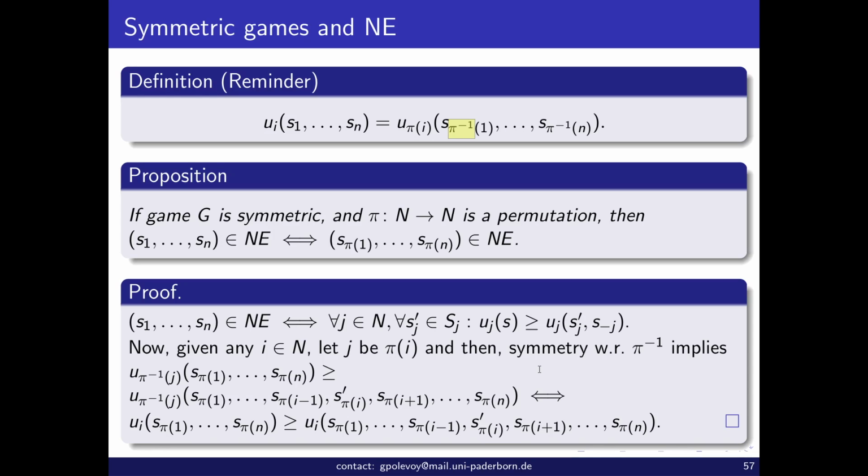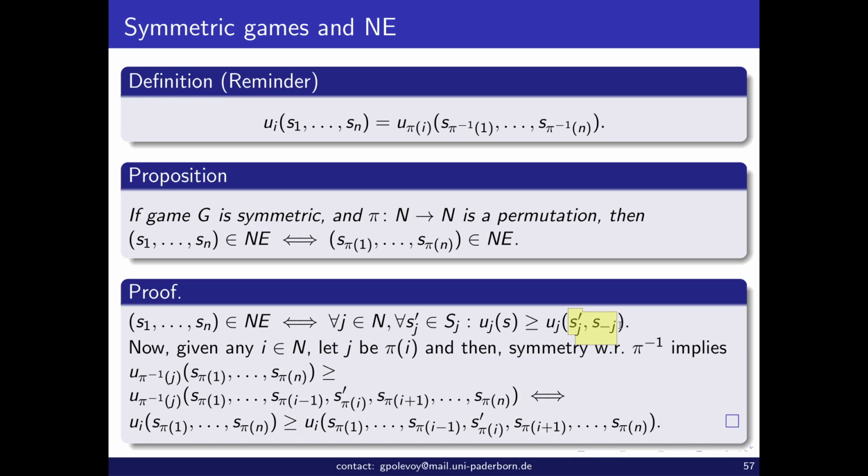Now, the actual player whose profile changes is the player whose P becomes j. Let me repeat. We take this profile, and whatever any player did, now this player does what the player P of this player did.